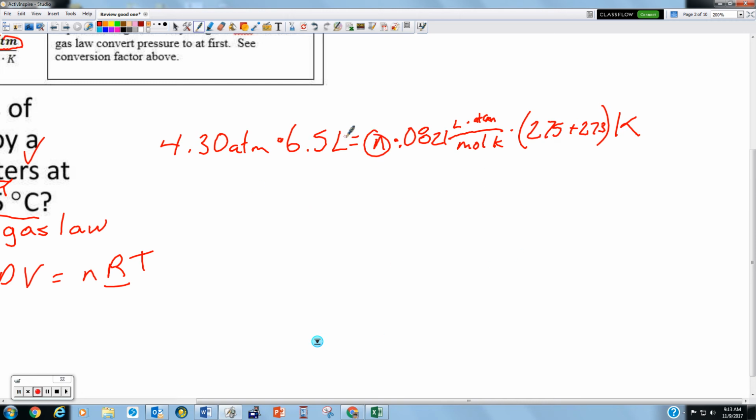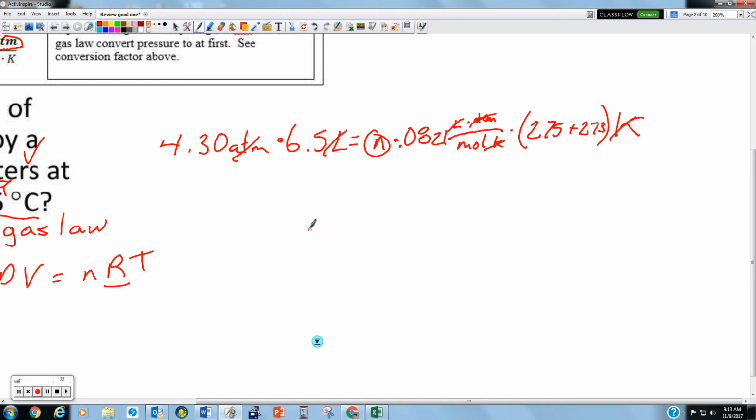That means everything else should cancel out. So we should have a liter, that gets rid of that liter. We should have an atmosphere, that gets rid of that one. We should have a Kelvin, and that gets rid of that. So don't freak out by the units. Just know that that's to help you cancel and to make sure you end up in the right units. All right.